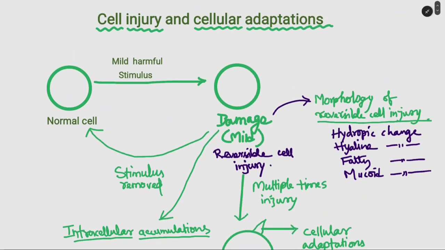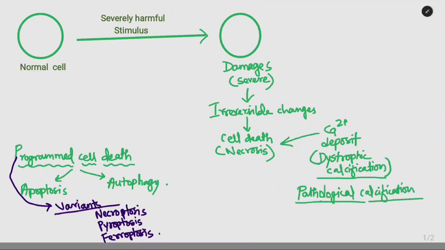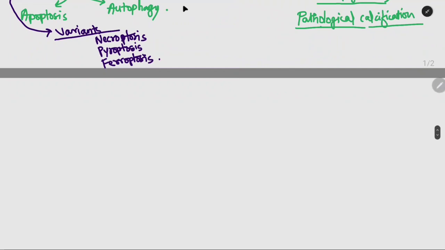Okay, now you must be thinking that I have talked about this stimulus everywhere. Then what is this stimulus actually? These stimuli can actually be many. Let us know some of those stimuli. The stimulus can be lack of blood supply or lack of oxygen supply, like ischemia and hypoxia.